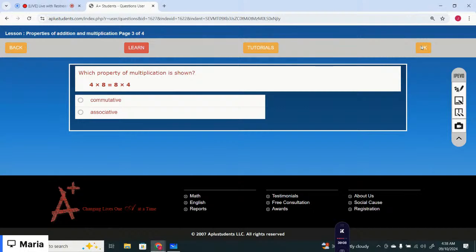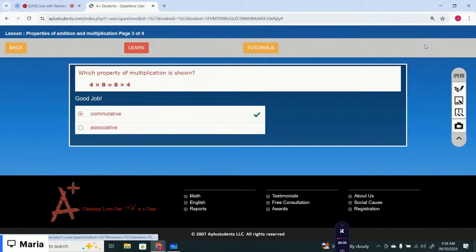When you have two numbers involved, that is the commutative property. The correct option is commutative. Option number 1 is the correct option. That is the commutative property of multiplication.